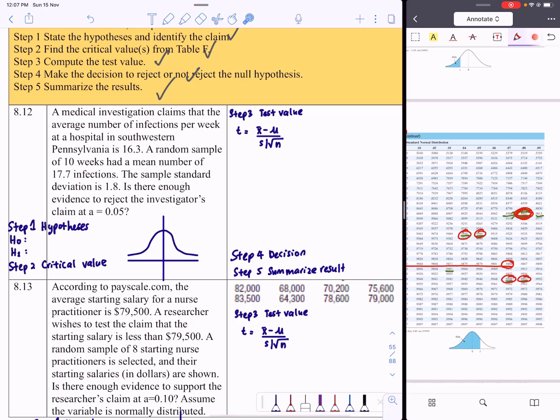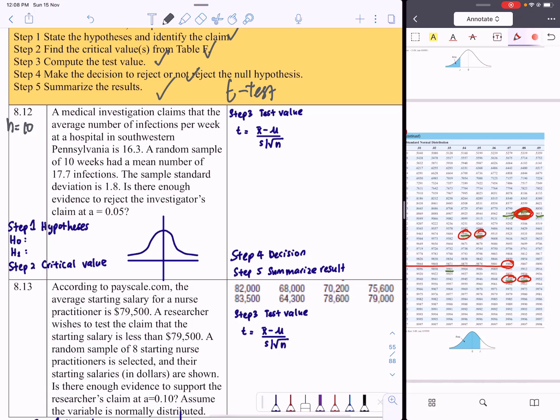Random sample of 10 weeks, here we have the clue what type of test we want to use. The n itself is 10, lesser than 30. When it is lesser than 30, we use the T test.